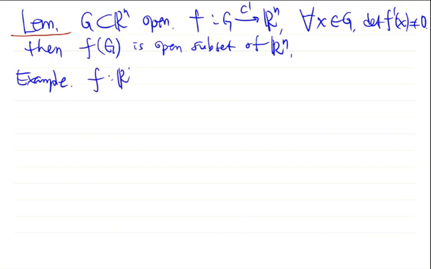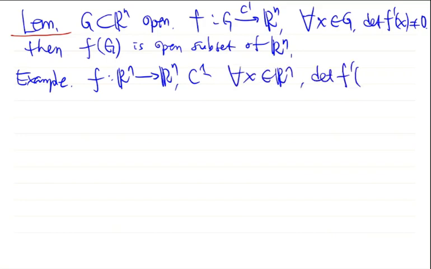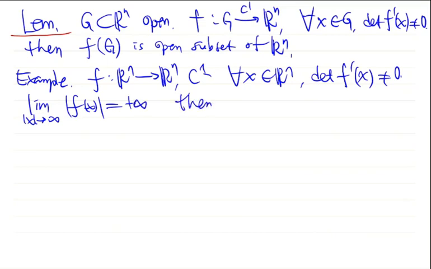F is C1 from Rn to Rn. For any x in Rn, the Jacobian determinant is not 0. And then we also assume that as x goes to infinity, the norm of f x goes to infinity. Okay, then our result is that f is surjective. That is, the image is Rn itself. Okay, we have this result.